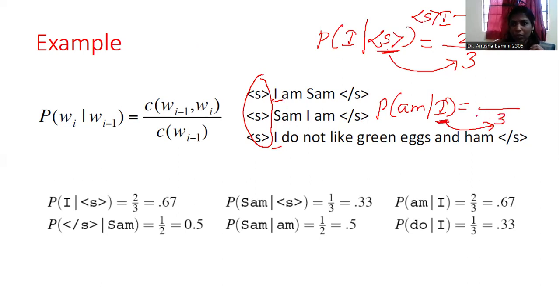So the denominator is 3. How many times did I am occur? I continued with am: 1, 2. 2 times. So here also the answer is 2 by 3. So the second word, you calculate the count and write it in the denominator, and the second word continued with the previous word comes in the numerator. This is how we are calculating the probability.